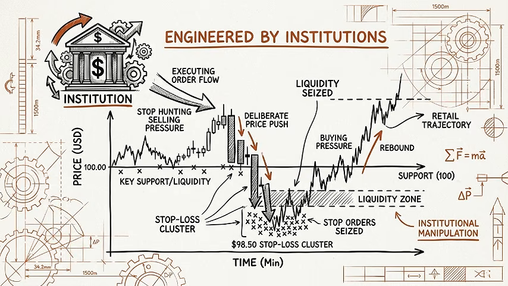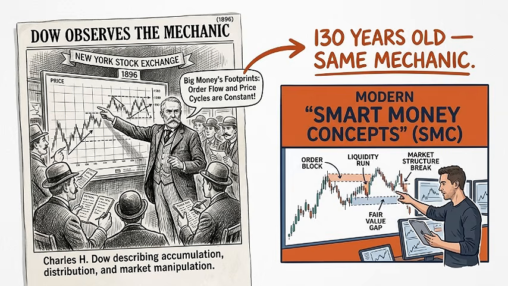They need your stop-loss order to fill their buy orders, they push price below support to trigger your stop, and generate the sell orders they need. Once those stops are cleared, price recovers immediately. Dow described this mechanic over a century ago. Modern smart money concepts simply gave it a name.